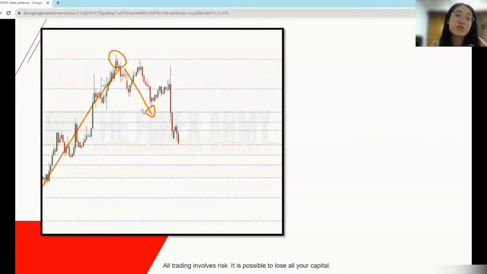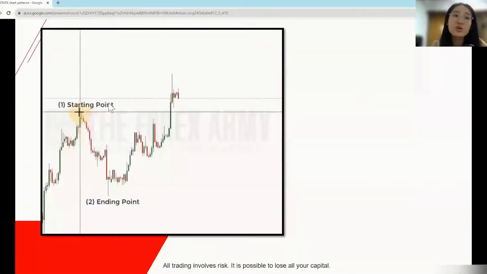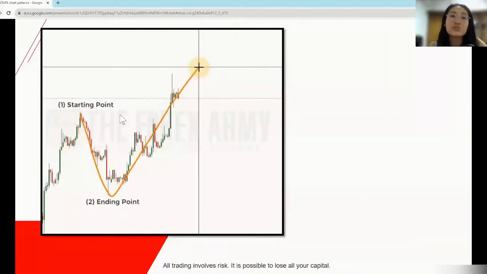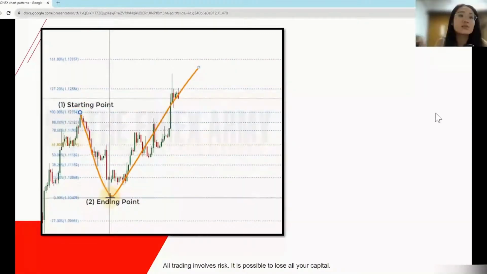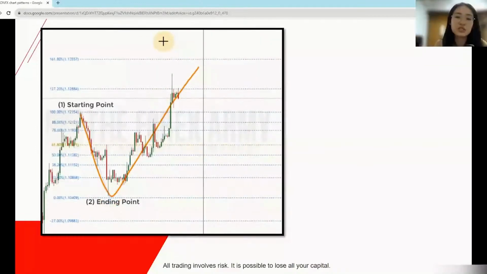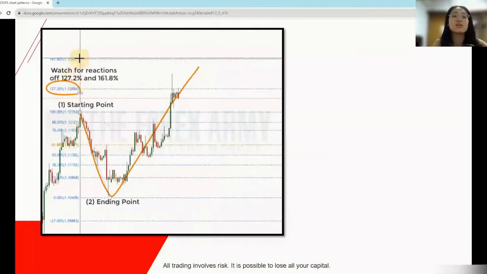Once price breaks out of the 127, then you can go ahead and assume that price is going to reverse off of the 161.8. Okay? Yeah, I'll let you guys watch the GIF a couple of times and then we can move on.